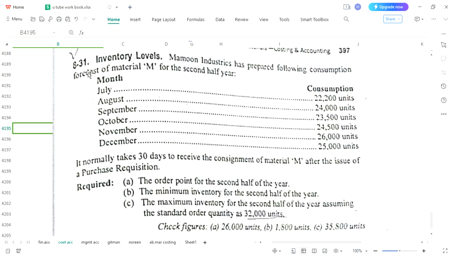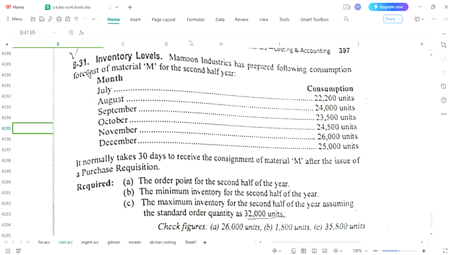Then we were related with material, where LIFO, FIFO and other chapters we have discussed about material. Labor was also discussed, where we have calculated labor costing and wages. This is an additional chapter related to material inventory system, material control.